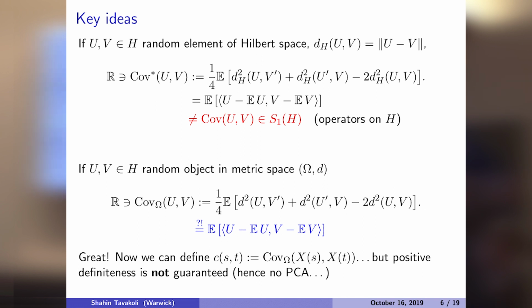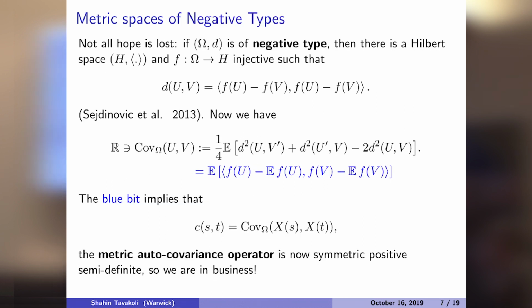But I can define this metric covariance between s and t. The problem is, if I just define it like this, it's not guaranteed to be positive definite or semi-definite. That's where you need the assumption that the metric space is of negative type, and then you can justify that this covariance kernel is indeed positive semi-definite.